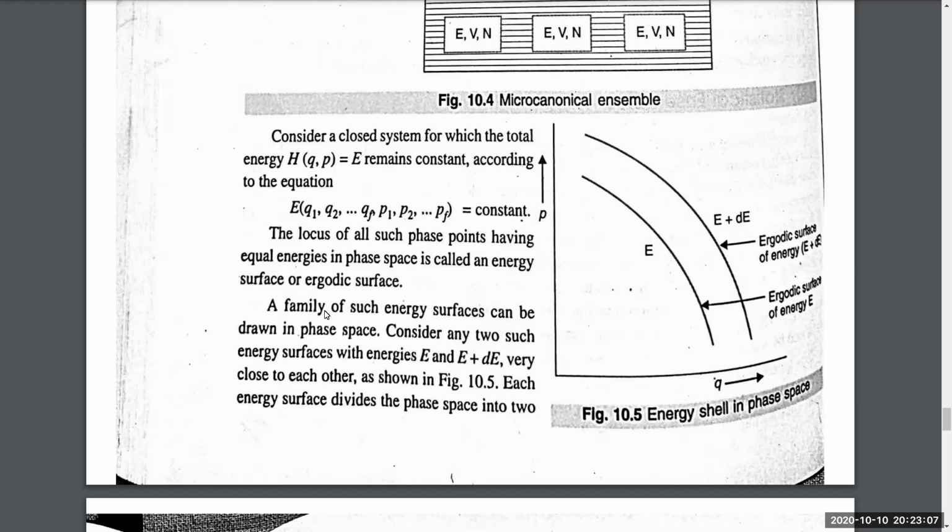It will be P square by 2m, right? That is kinetic energy, plus k by 2, that will be the constant coefficient, into q square.